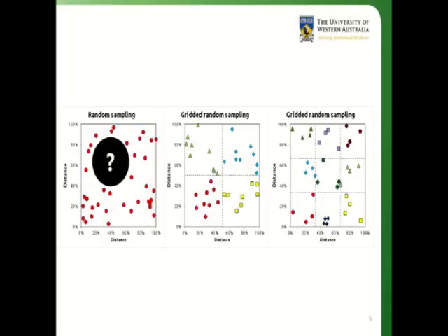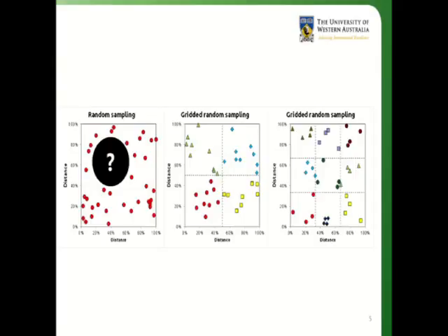Now, gridded random sampling, depending on the size of the grid, can avoid that feature to some extent, and it really means that we need to make a choice about grid size, and that may be informed by the expected size of the features that we're trying to see.